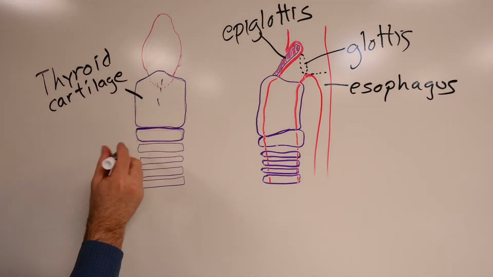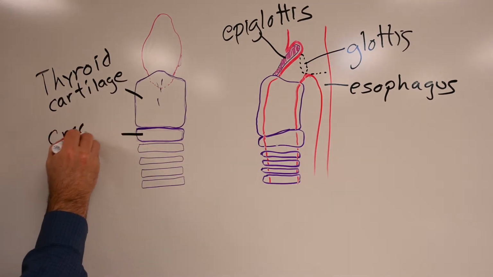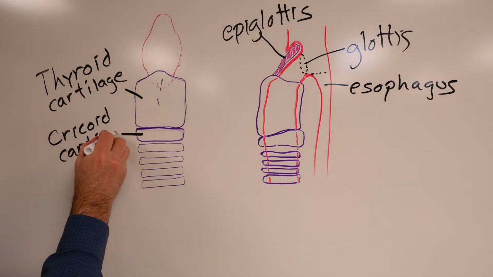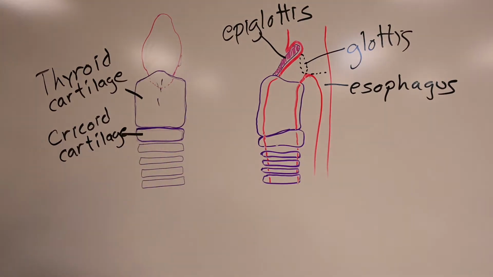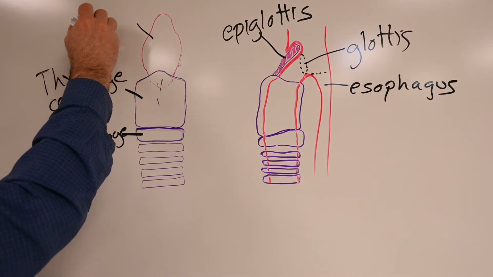Just below that, another part of the larynx right here is called the cricoid cartilage. So thyroid cartilage and cricoid cartilage. And of course this shape here represents the epiglottis.